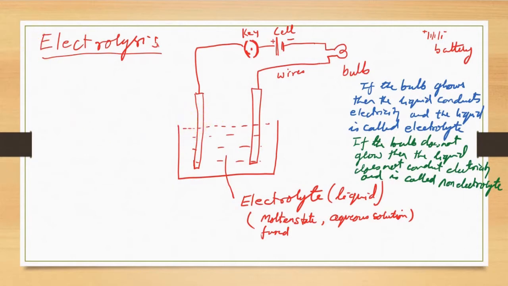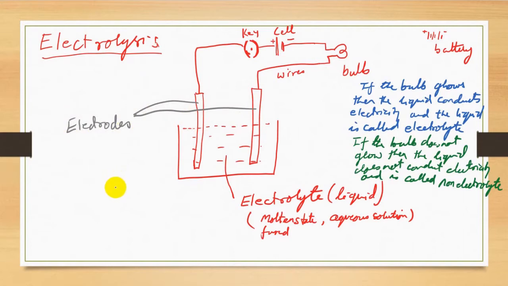These two rods are there to conduct electricity through the liquid. So these rods are called electrodes.